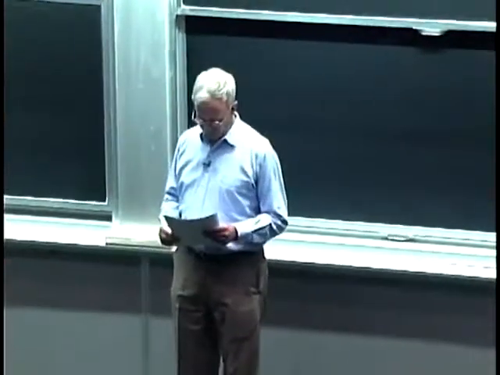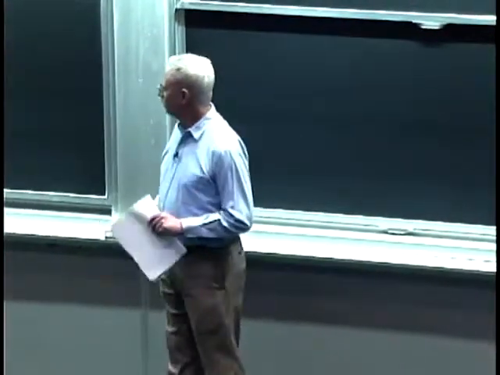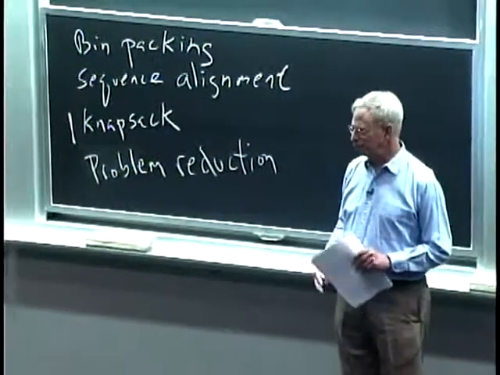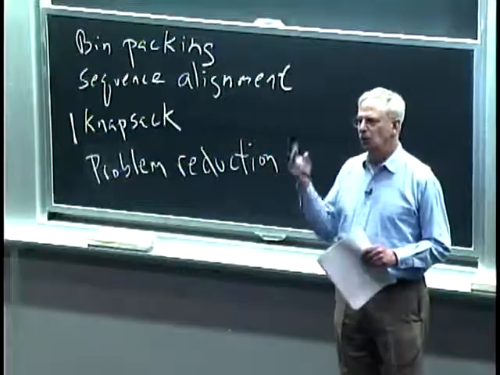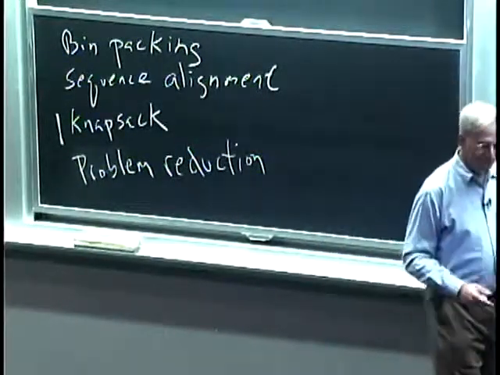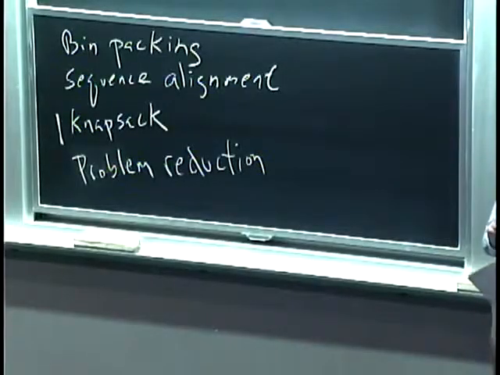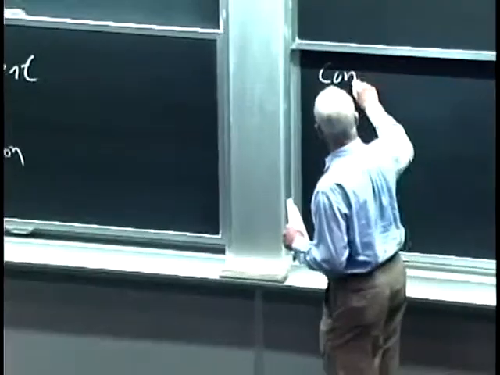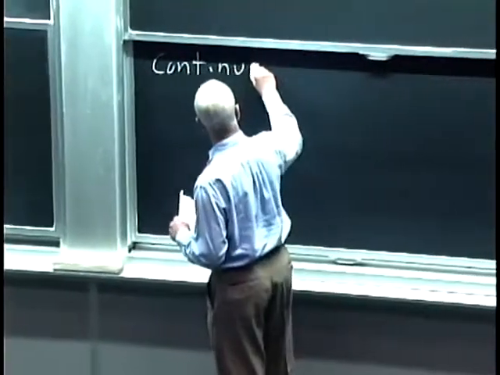Consequently, you have to be clever about it. Typically, up till now, we've looked at things that can be done in sublinear time, or at worst, polynomial time. We'll now look at a problem that does not fall into that, and we'll start with what's called the continuous knapsack problem.